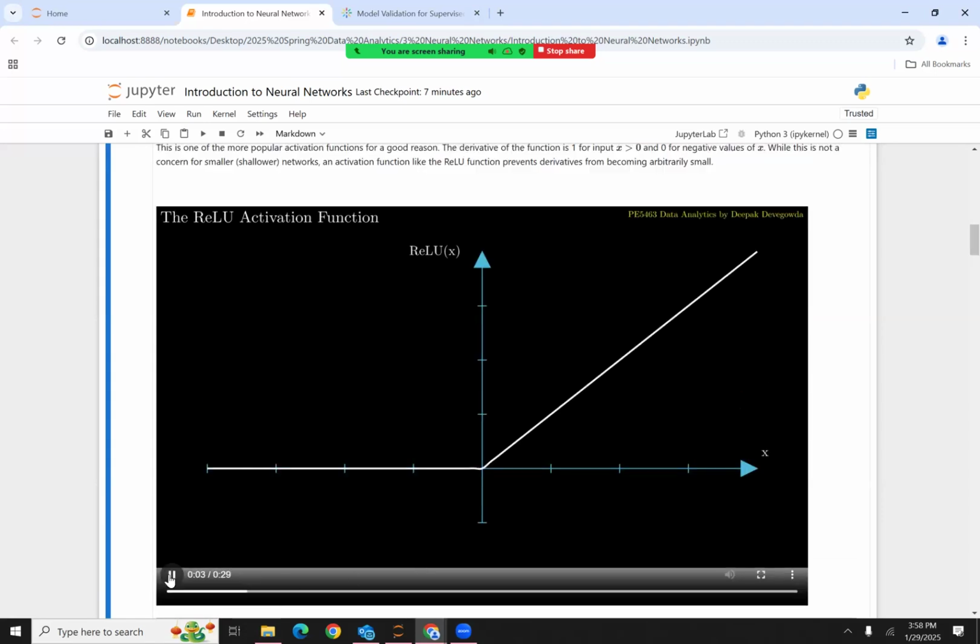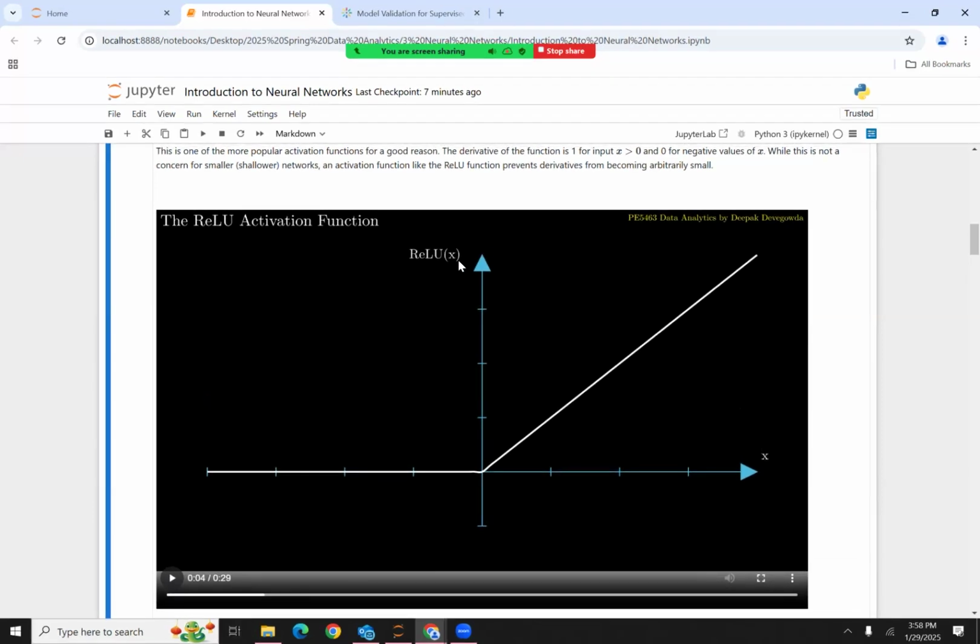So this is a video which shows you what the ReLU activation function looks like. On the y-axis, I'm plotting the ReLU function as a function of the input x, and this is the x-axis. So you can see that for negative values of x, the output of the ReLU function is essentially 0.